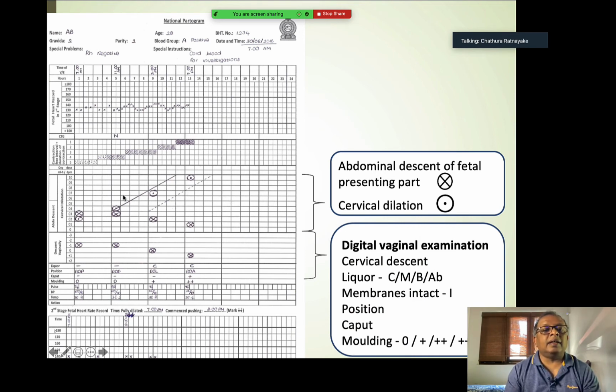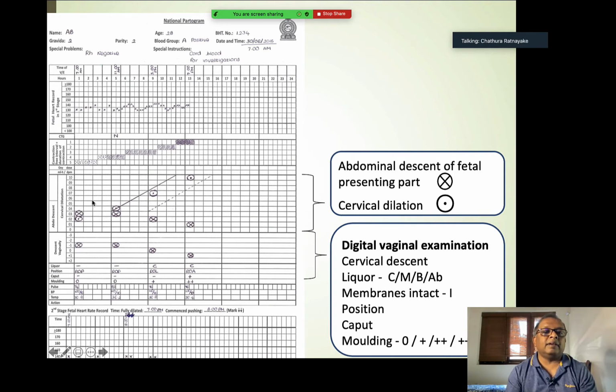This descent is marked from this area, abdominal descent. From high up, it should be going in the negative direction, and cervical dilatation should go in the positive direction, upwardly.